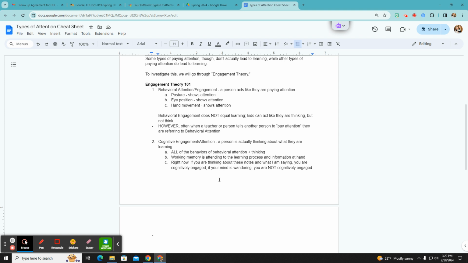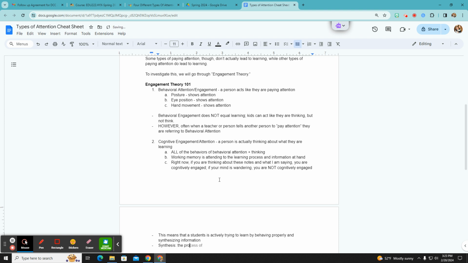And so this means that a student is actively trying to learn by obviously behaving, that's our step one, by behaving properly and synthesizing information. Okay, what does synthesis mean?